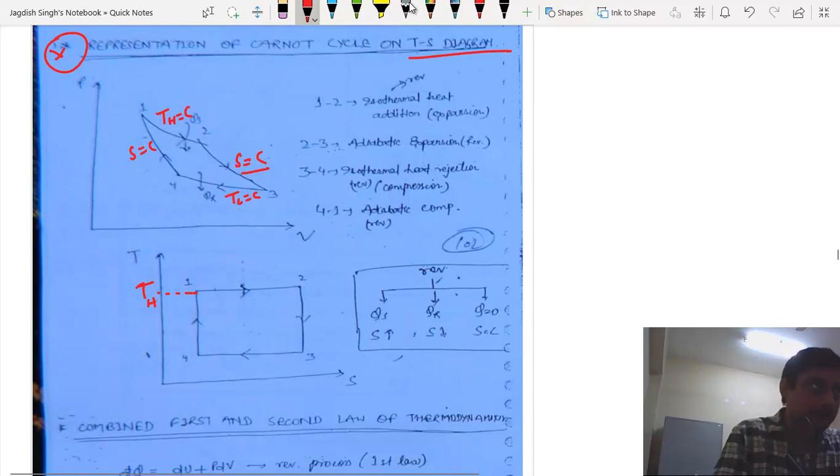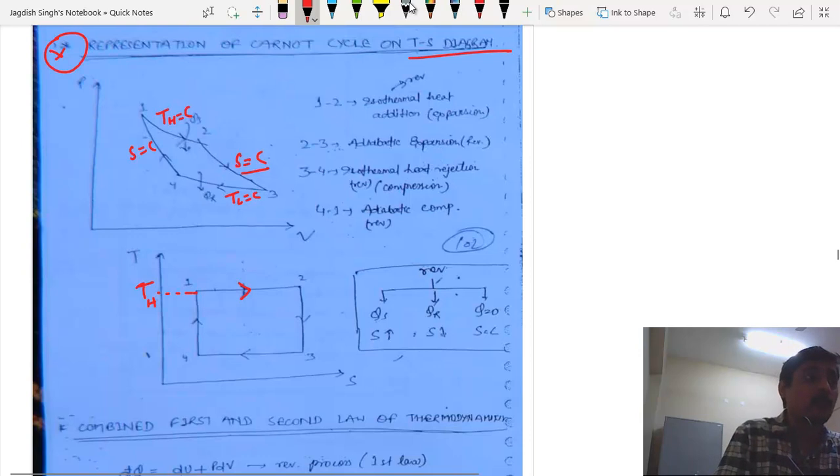We know that whenever heat is added, entropy will increase. Therefore, in process 1 to 2, the direction will be left to right, so that entropy increases, right? So be careful in direction.